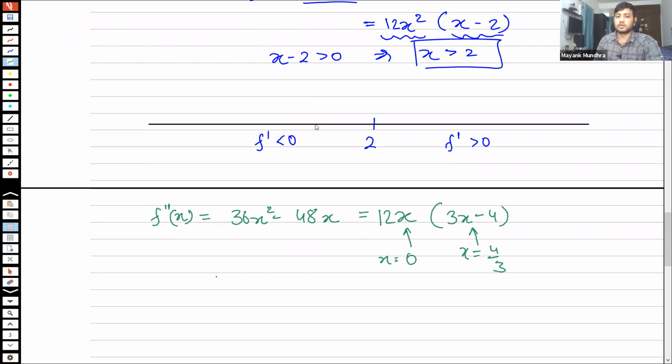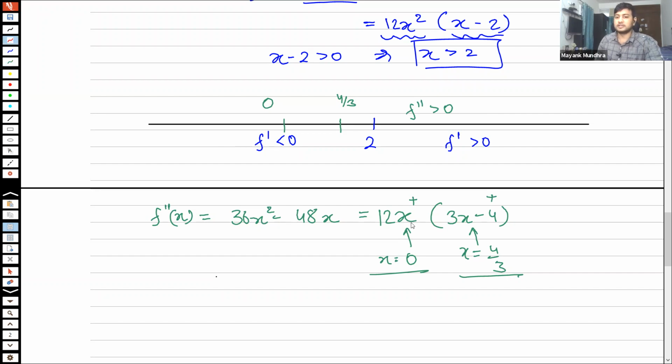You can plot these points here. This is going to be your 0, and this is going to be your 4/3. When x is greater than both these values, both these terms are positive, which means in this region you would have f double prime positive.